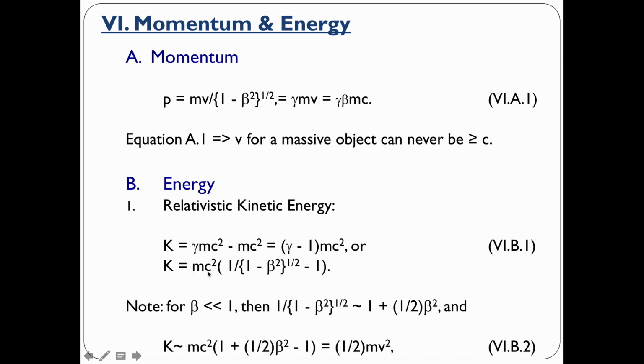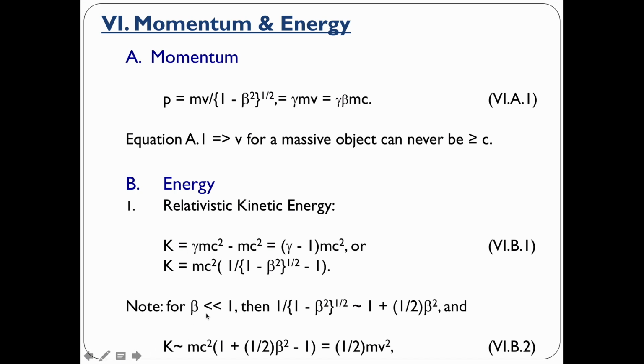That's mc squared times the quantity 1 over the square root of 1 minus beta squared, minus 1. The reason why this is important is that we're getting at this famous mc squared part of the energy.